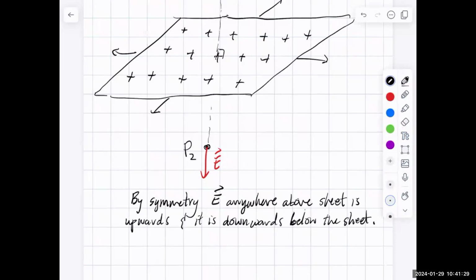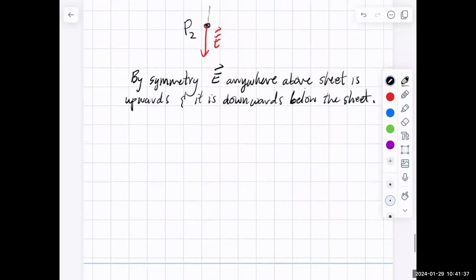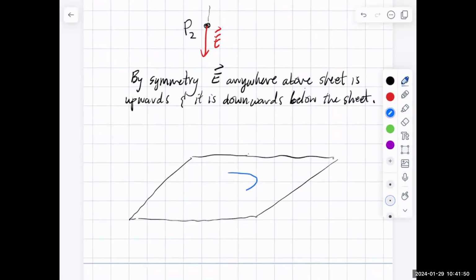So what I'm going to do is make a choice for the surface we're going to work with. I'm going to draw our sheet again. I won't bother drawing all the charges on it, but let's just remember that this is a charged sheet. And what I'm going to pick for my surface is some arbitrary shape. Well, okay, it's not totally arbitrary, but let me draw it and then we'll talk about it.